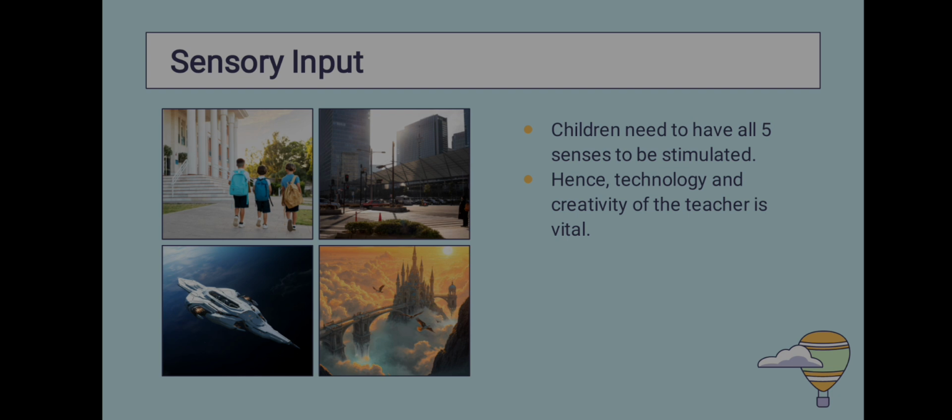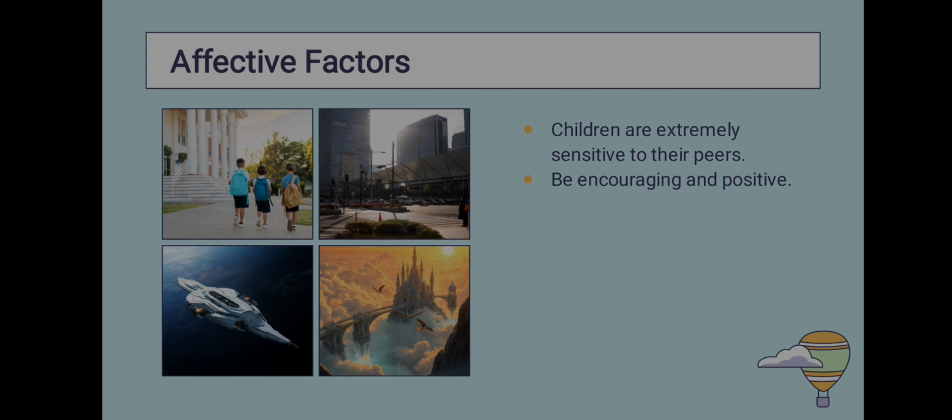The fourth is affective factors. Children are highly sensitive to how others perceive them. It is important to be positive, encouraging, and to avoid scolding or embarrassing them in front of their peers.